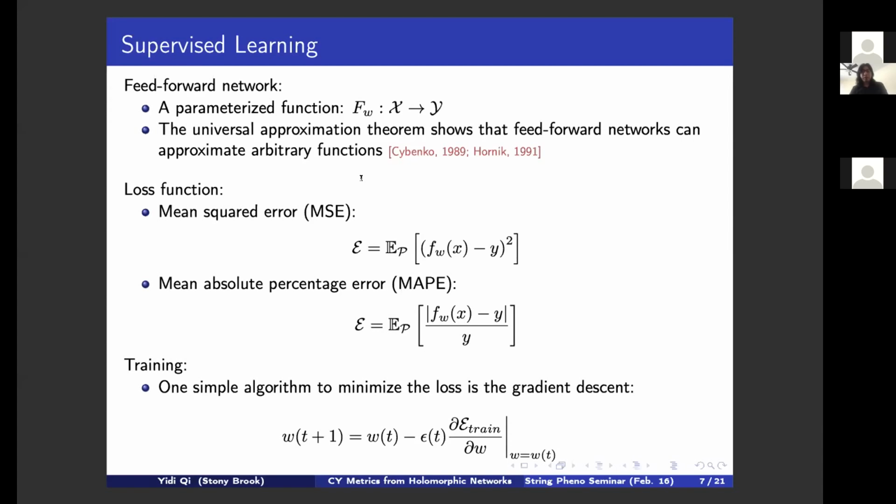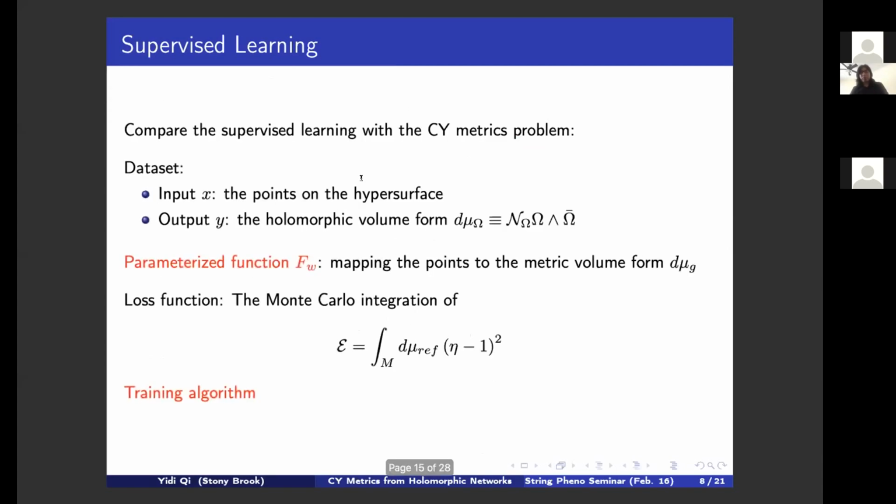So now let's compare this to the Calabi-Yau metric problem. We have the input, which are the Monte Carlo points on the hypersurface, and we can also calculate some label y, which is the holomorphic volume form, because it can be explicitly calculated on a hypersurface without any network structures.